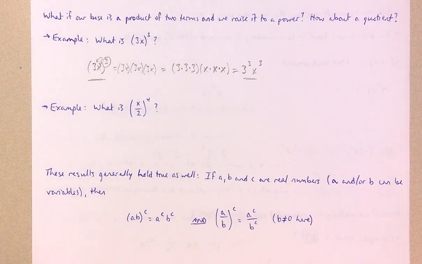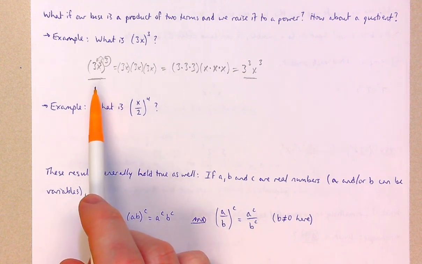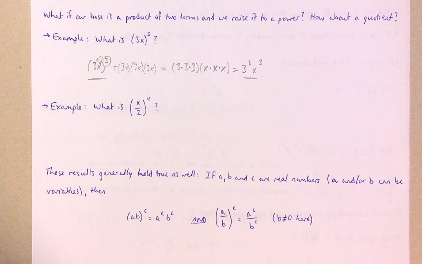This also holds true if you have the product of 3 or more things as your base. That power will just get distributed to each piece of your product.